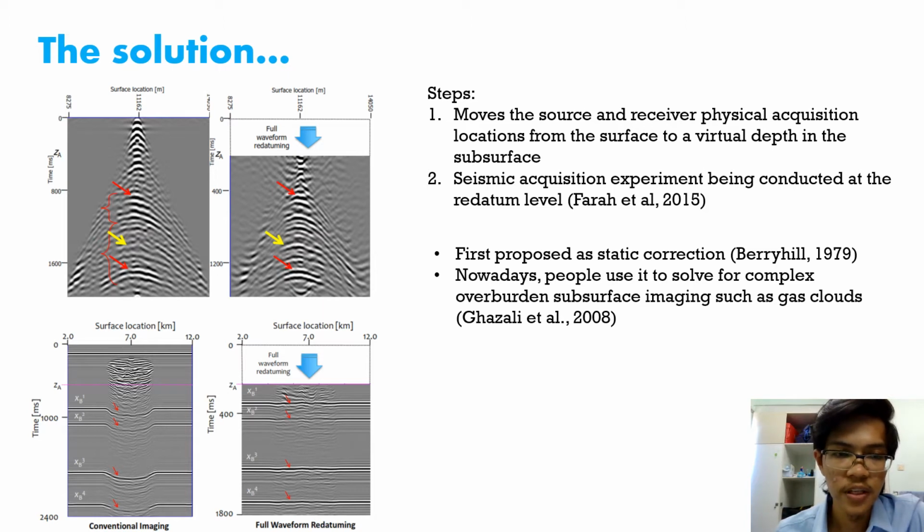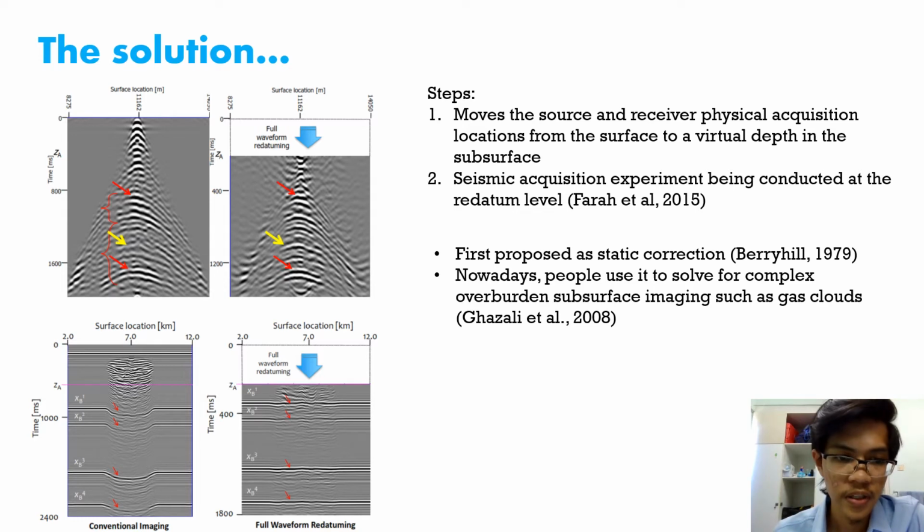In this top figure, we can see the effect of a shallow gas cloud on the amplitude of the reflector. After full waveform redatuming, we can see that the reflector below the gas cloud is much clearer, with a higher amplitude, so we can see the primary reflections more clearly.